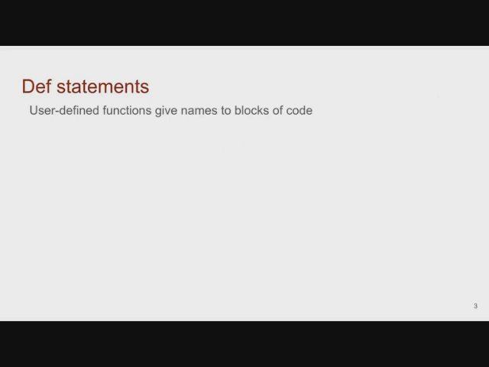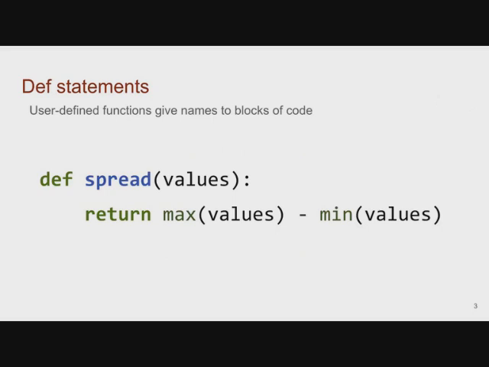Python gives us the ability to create our own functions, and our own function definitions start with the keyword def, which is short for function definition. So this is how we define a particular function.